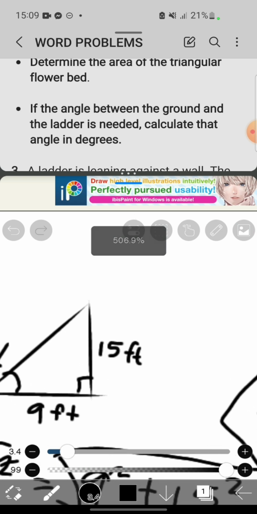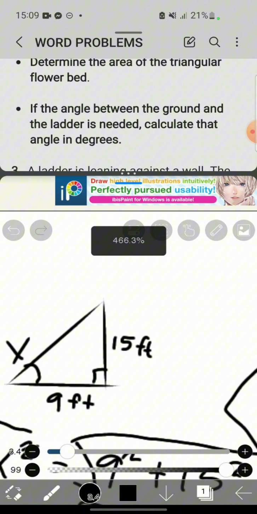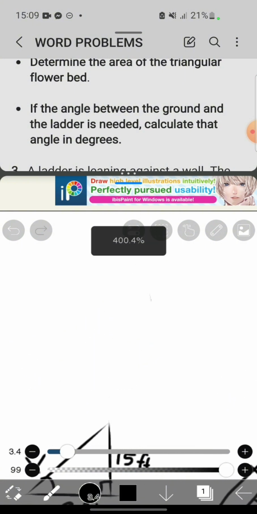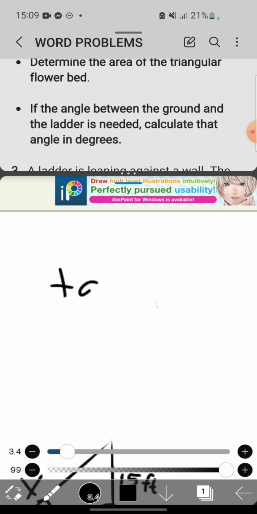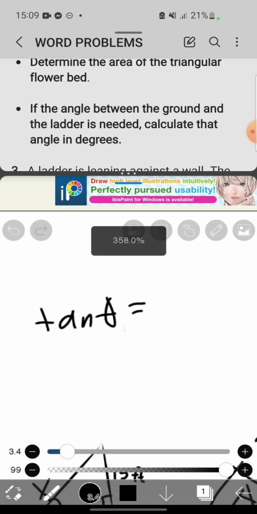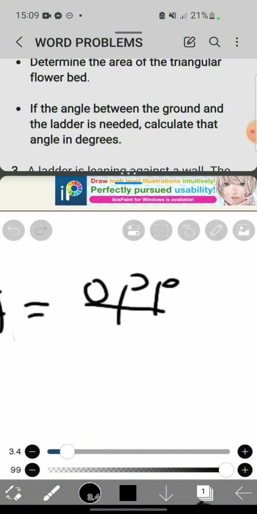For the given, we have the opposite and the adjacent, so we can use the TOA. So TOA is equivalent to tan equals opposite over adjacent.